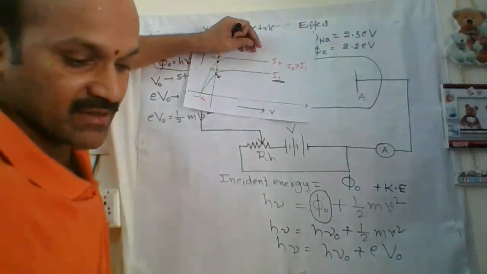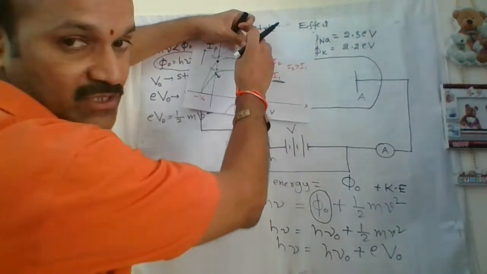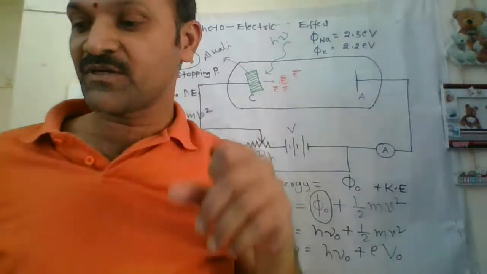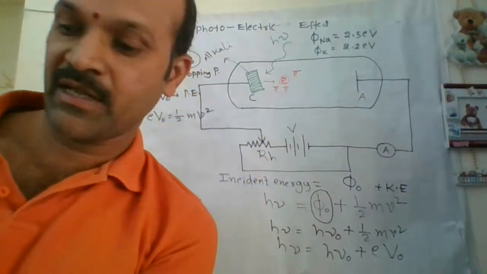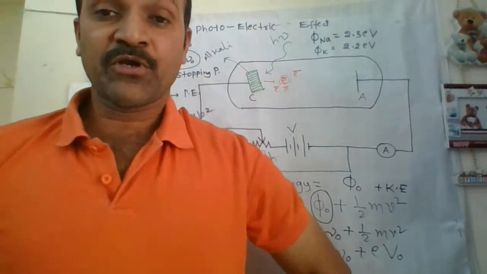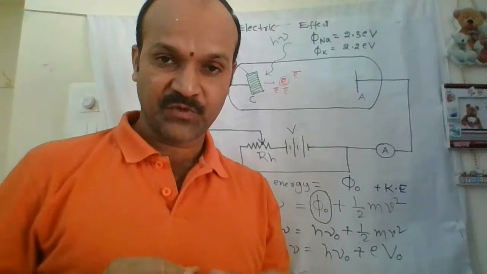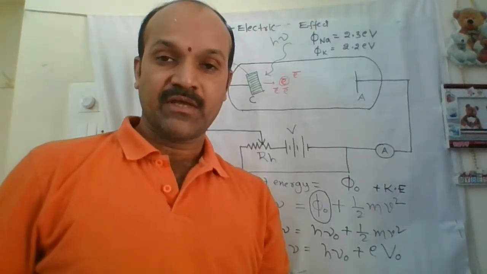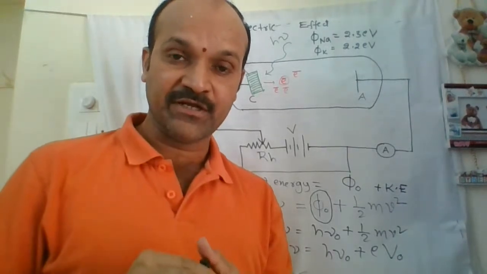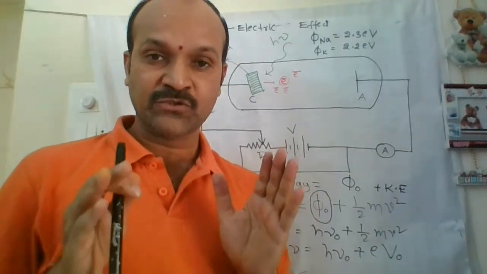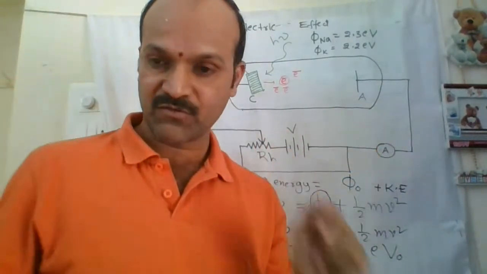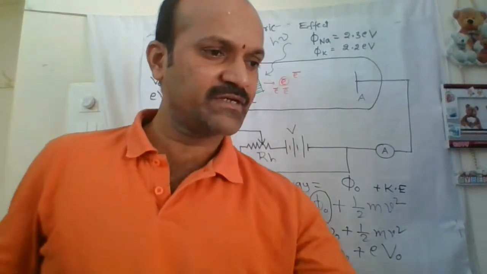Next slide will discuss that also. What is my question? When you increase the energy of the incident radiation, does stopping potential also vary or is it constant for a given metal? If you increase the energy of the incident radiation, what is the value of stopping potential? Does it vary or constant? That is the question.